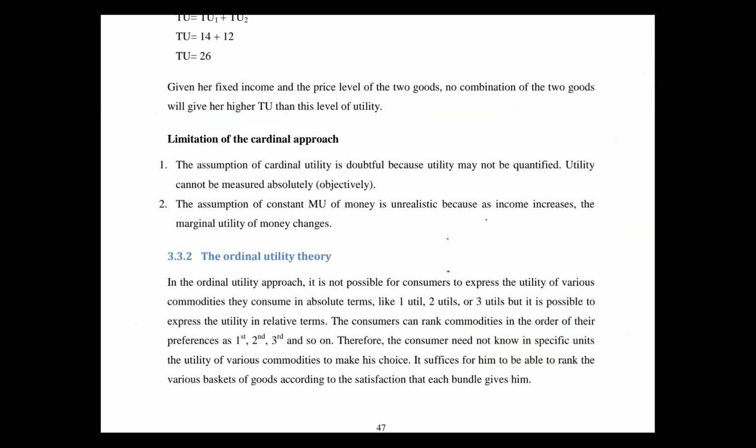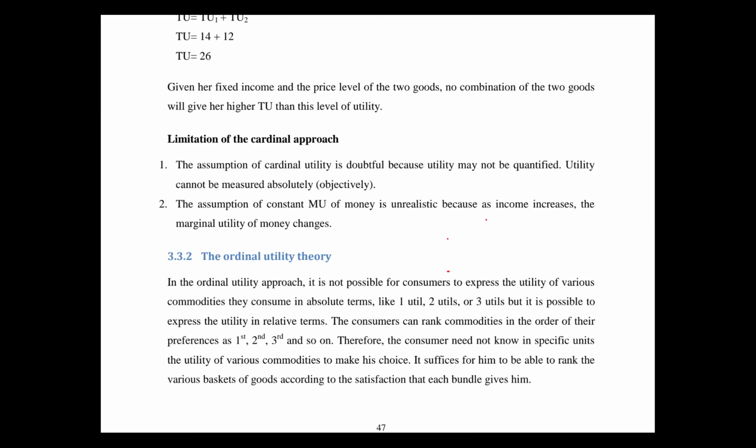This approach, the ordinal utility theory, postulates that it is not possible for consumers to express the utility of various commodities they consume, especially in absolute terms. They cannot manage to express that in absolute terms. In other words, it is not possible to number.